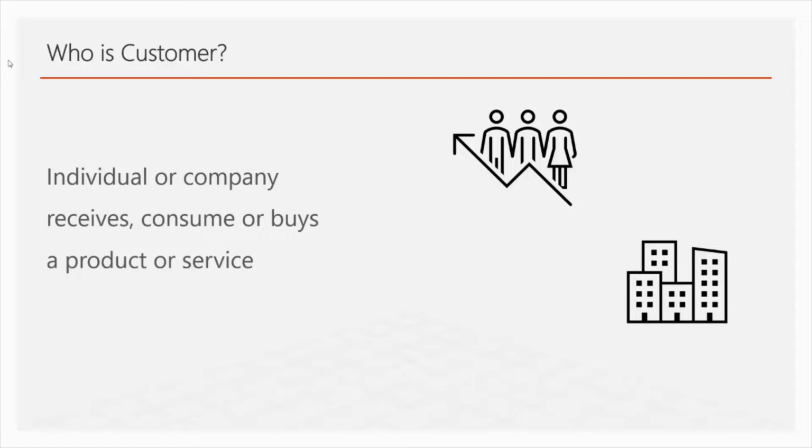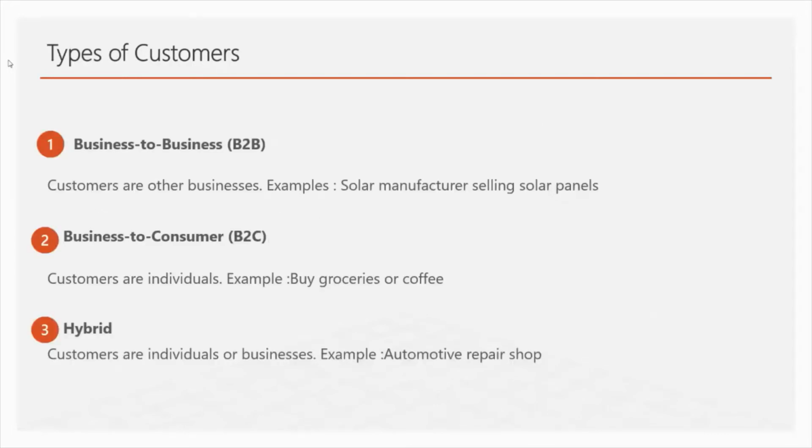But Amazon also manufactures some products and also buys from some customers. So this is the way we can say that an individual or company who receives, consumes, or buys a product or service is called a customer. Now let's understand the types of customers.